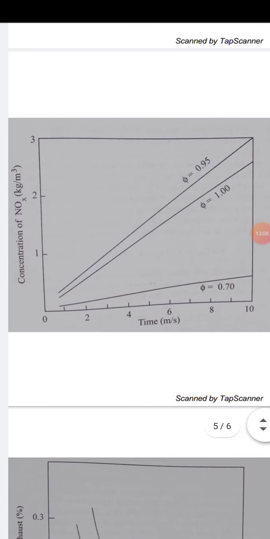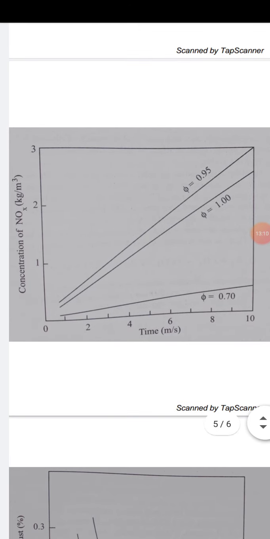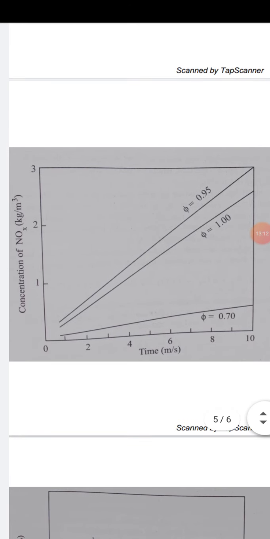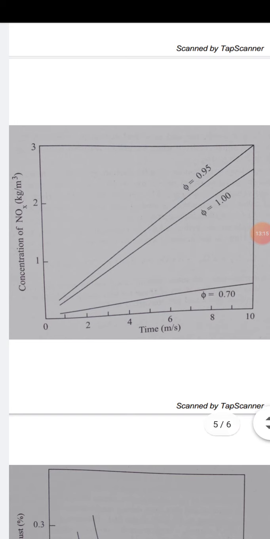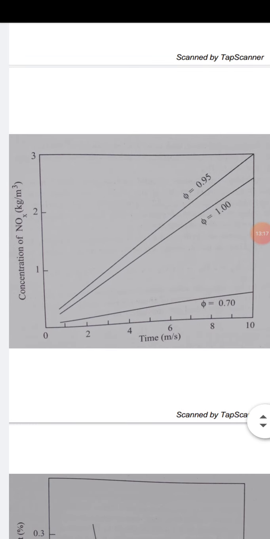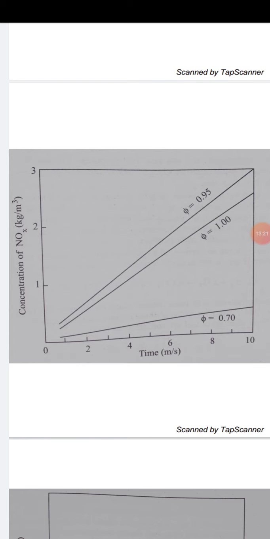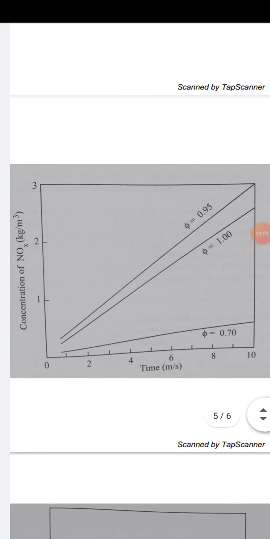So if we are using a much leaner mixture, that means the part of the air is increased, so an extra amount of oxygen is available in the air.